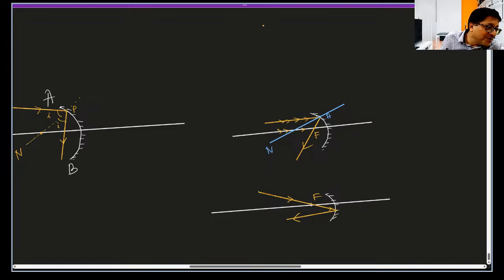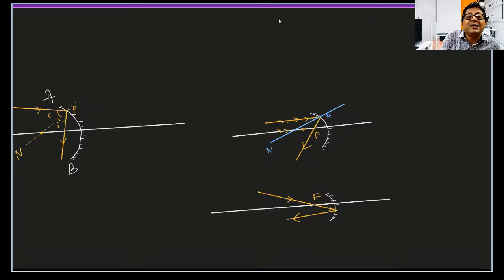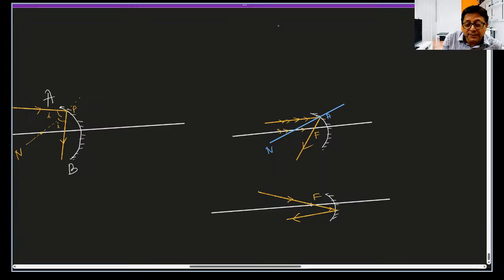Why does it have to go this way? Because the center of curvature is never at F. It is far away from F. It is somewhere like this. This is the center of curvature, O. Draw a normal. It will obey the law of reflection.